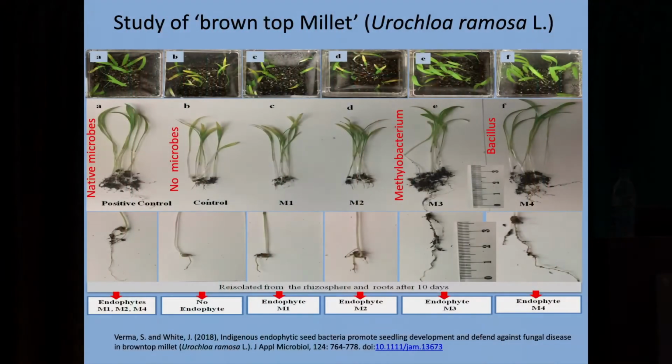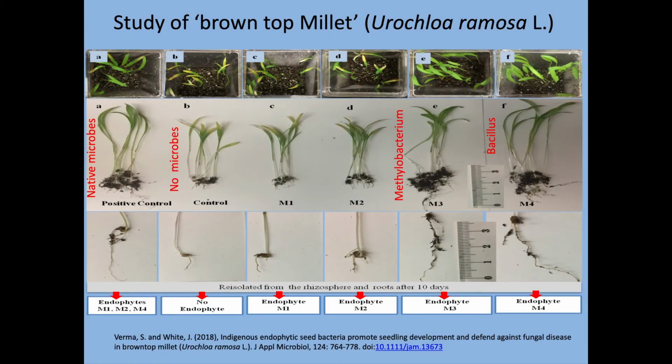Okay, so this is a plant grown with all the microbes present, and you can see it's a nice green plant, they're big, lots of roots. And then when we take the microbes away, you see now we've got yellowed plants, perhaps an iron deficiency issue, and hardly any root development with no microbes.